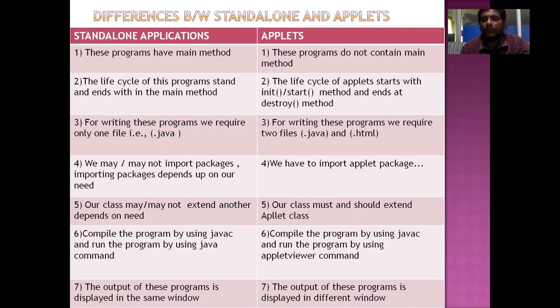Whenever we compile and run the program, the JVM will search for the main method and start executing the program from it, and it will move to different classes and different methods depending upon our object creation and method calls. And finally, it will reach the end of the main method.